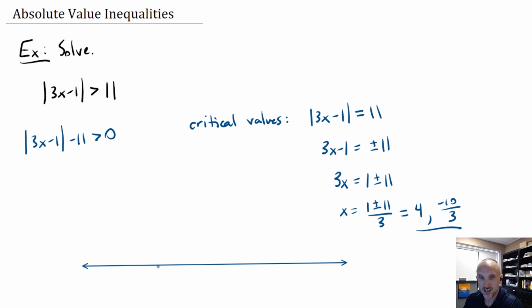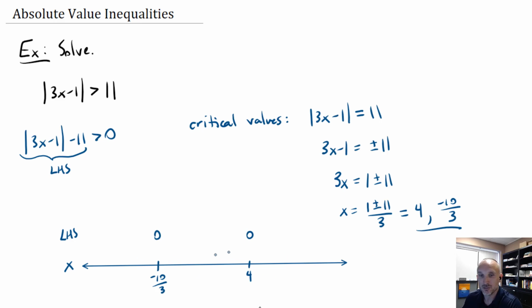So I'm going to cut my sign chart at negative 10 thirds and 4 and keep track of what happens to the left-hand side of my inequality, because what I want is the left-hand side to be positive, greater than 0. Well, if I plug in negative 10 thirds or 4, I already know that the absolute value of 3x minus 1 will equal 11, meaning the left-hand side here will be 0.